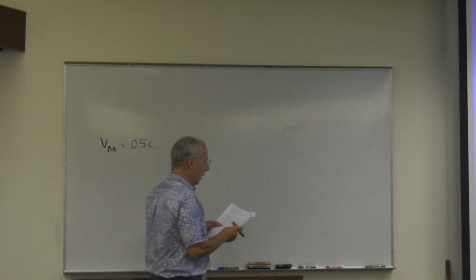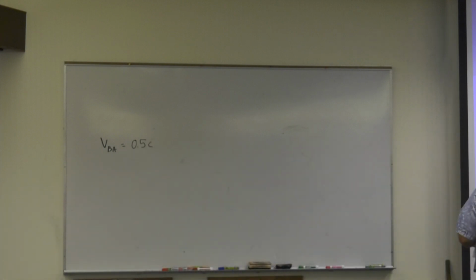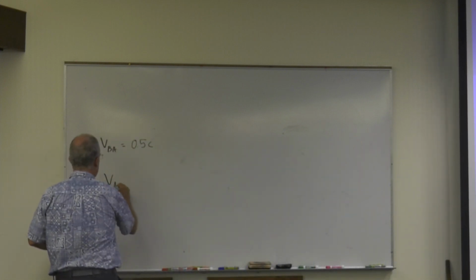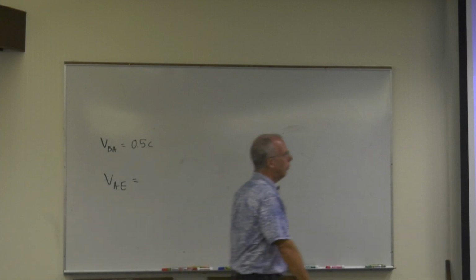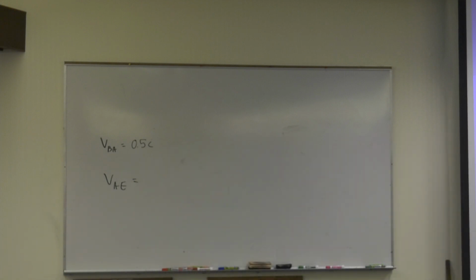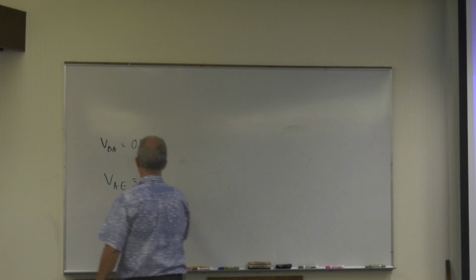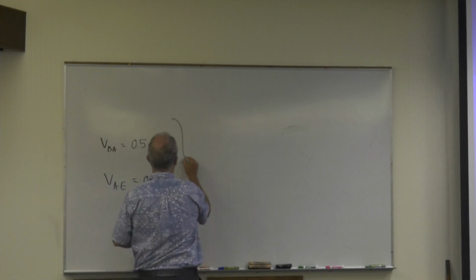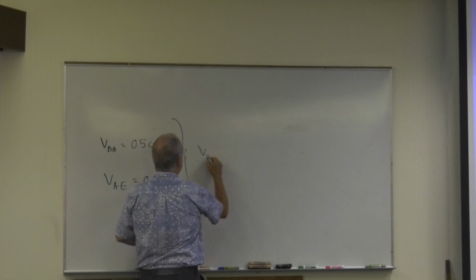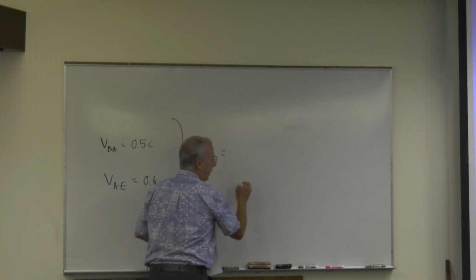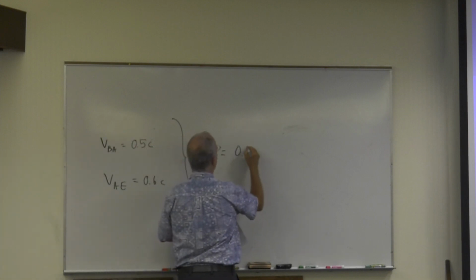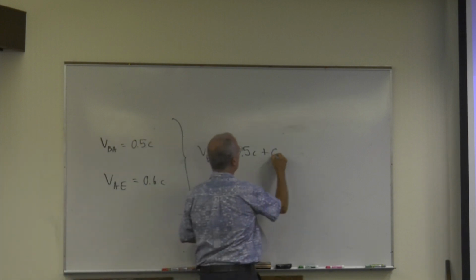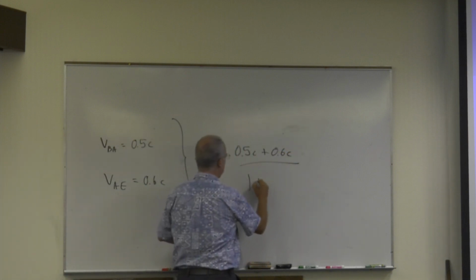Now we also want VAE. Rocket A is moving away from Earth at 0.6 c. Great, 0.6 c. Then we just plug and chug. Therefore, VBE equals VBA, 0.5 c, plus VAE, 0.6 c, all over 1 plus the product.